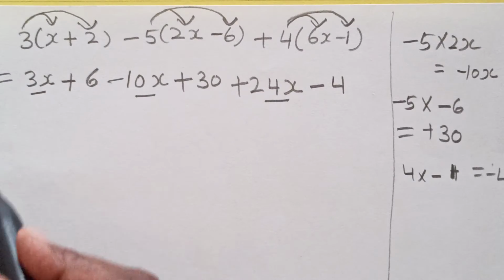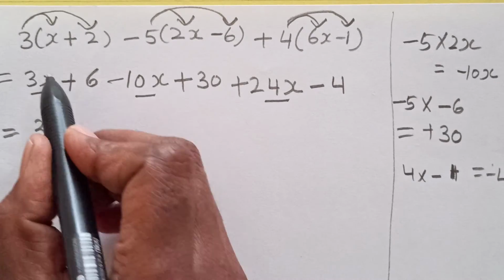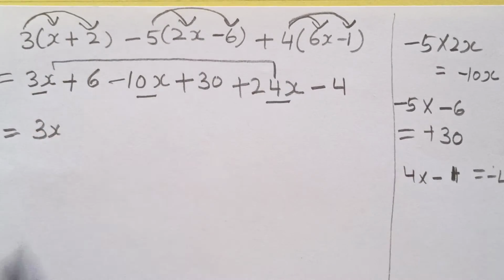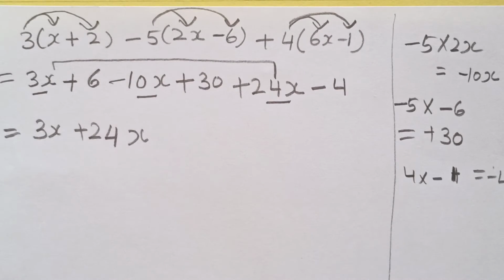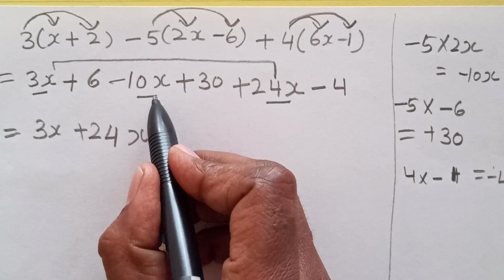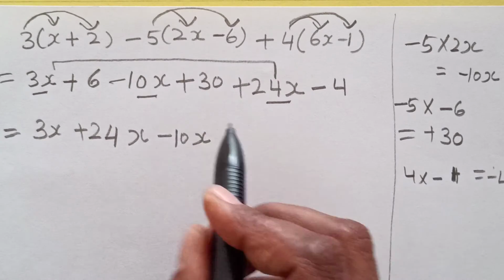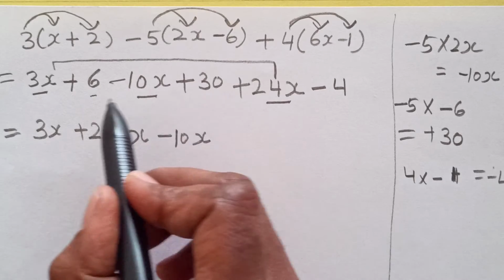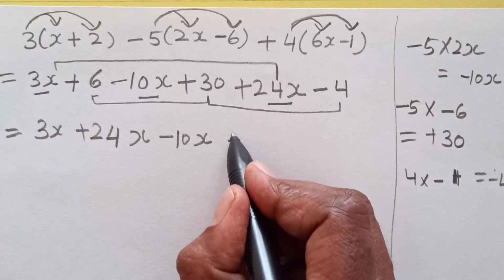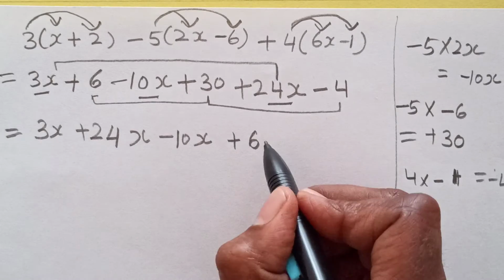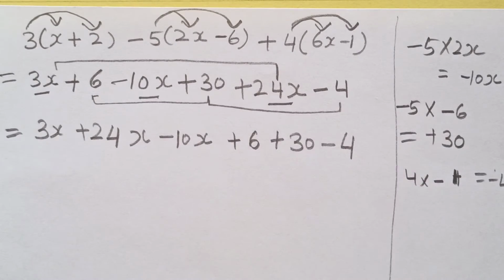We can collect them together. So 3x is positive and then 24x is positive. So I'm going to write them together. 3x plus 24x, but we have 10x also, negative 10x. Then we have constant terms, 6, 30 and 4. Plus 6 plus 30 minus 4.